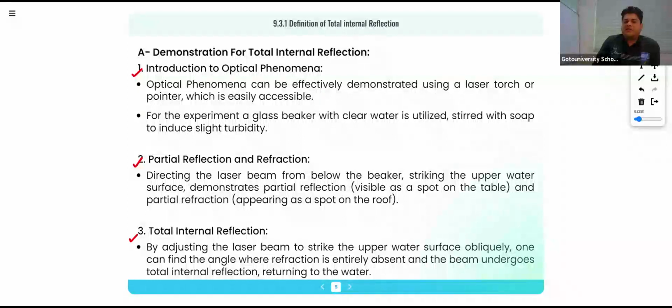What about total internal reflection? By adjusting the laser beam to strike the water surface obliquely, one can find an angle where refraction is entirely absent. The beam undergoes total internal reflection, returning to the water.